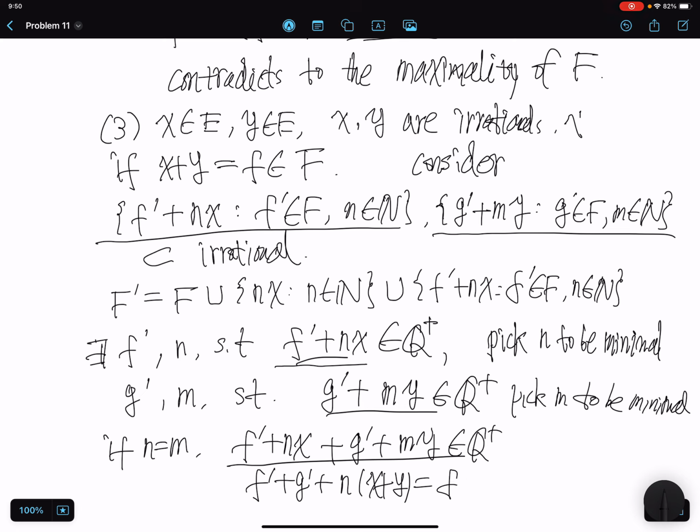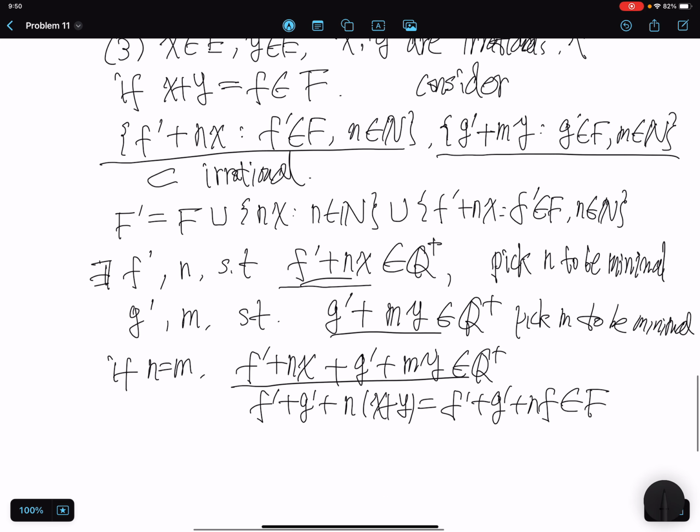And this is f prime plus g prime plus n times, because we assume x plus y is in F, which is also in F. So this number is actually in F, a contradiction. So it cannot be in F and Q plus, as they are disjoint, right? So this is a contradiction.